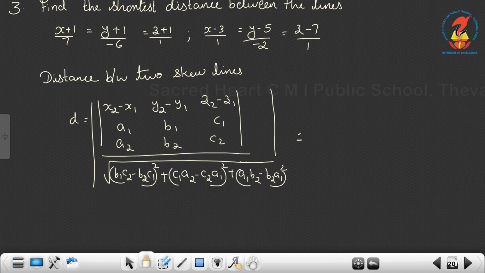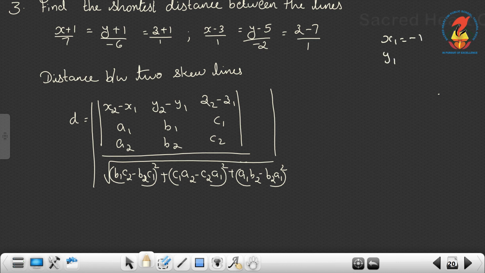Now substitute. Okay. So that's equal to determinant x2 minus x1. So we'll write here. Okay. What is x1? X minus x1, so x1 is minus 1. Then x minus x1 becomes x plus 1. So x1 is minus 1.